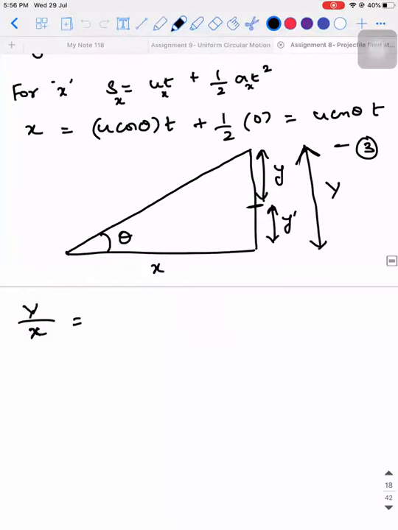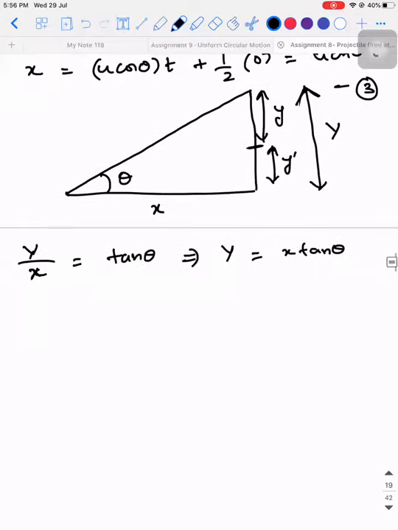Here, tell me, Y by x is equal to how much? Tan theta, which implies capital Y is equal to x tan theta. Accepted. But what is capital Y equal to? Small y plus y dash is equal to x tan theta.